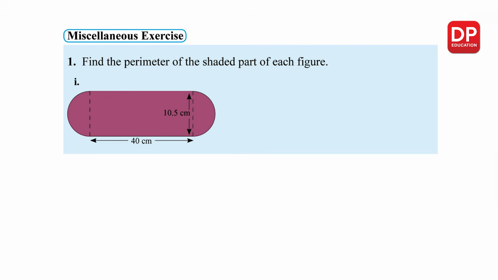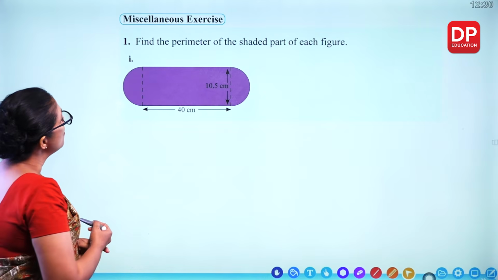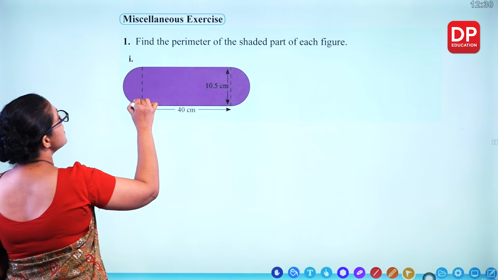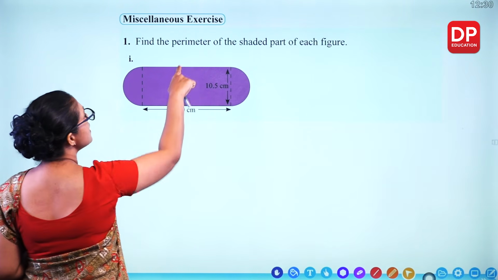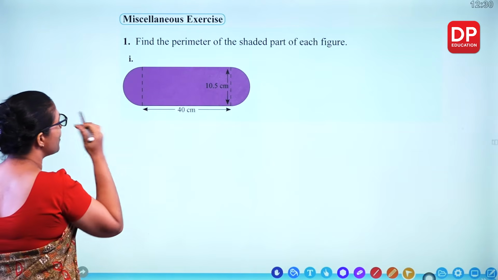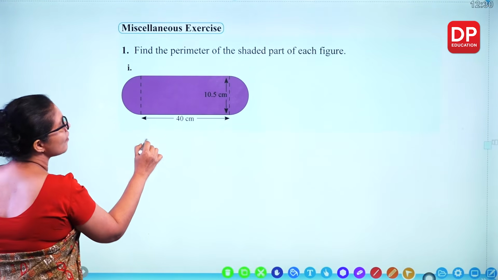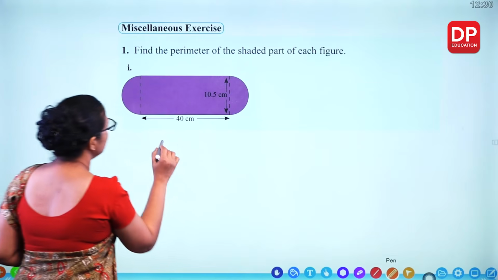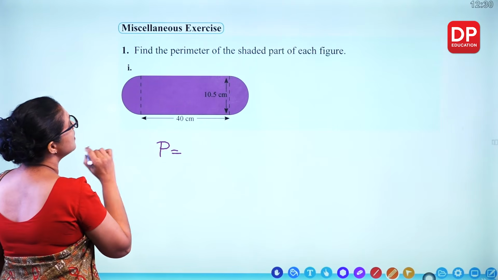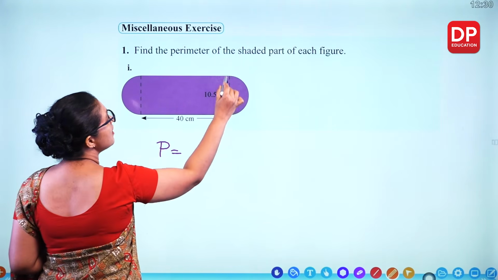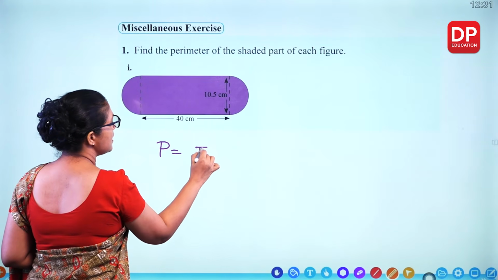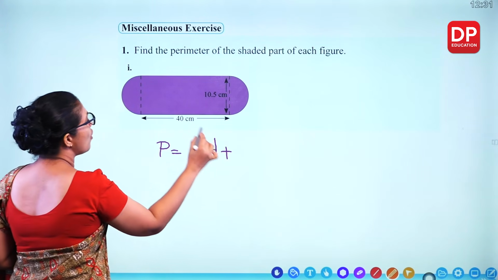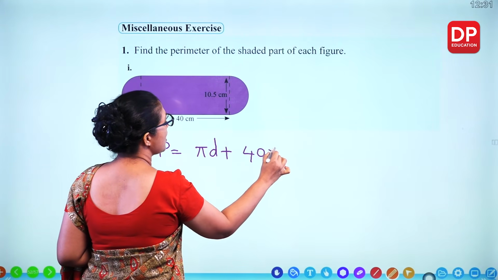Miscellaneous exercise. Find the perimeter of the shaded part of each figure. You need this semicircle and this semicircle, which become one circle, and 40 each. So what's the perimeter? Here the diameter is given, so you can use pi d plus 40 twice.